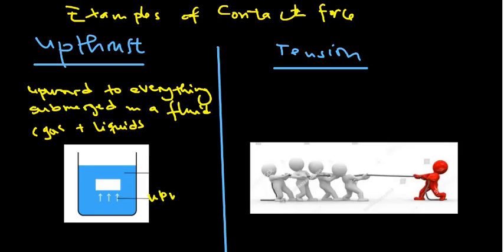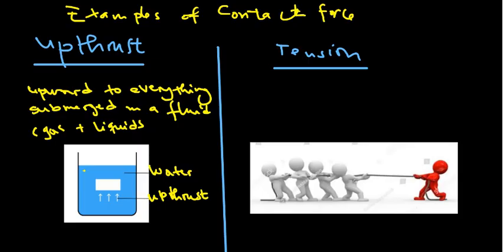So upthrust force is this force that pushes everything upward. I think you've heard that whenever you are trying to lift a thing in water, it feels much easier compared to when it is in air. So that force that is helping you is what we call upthrust force.